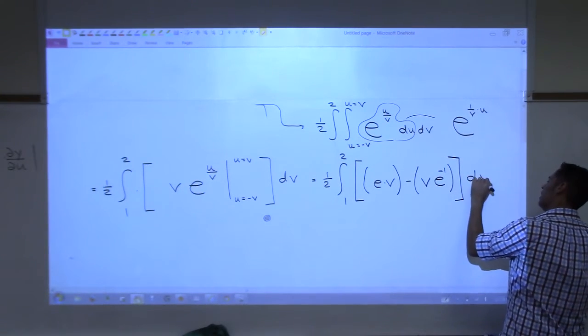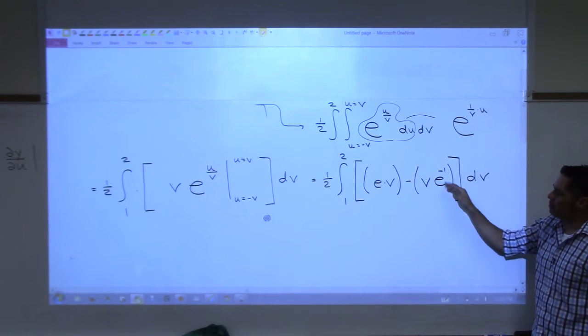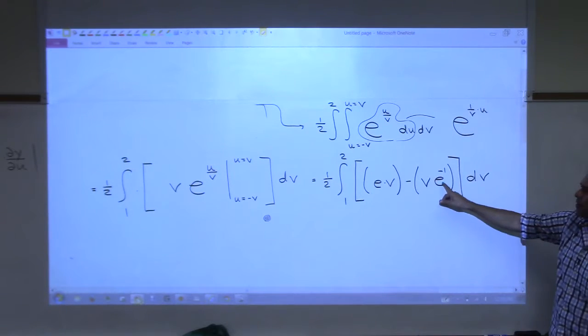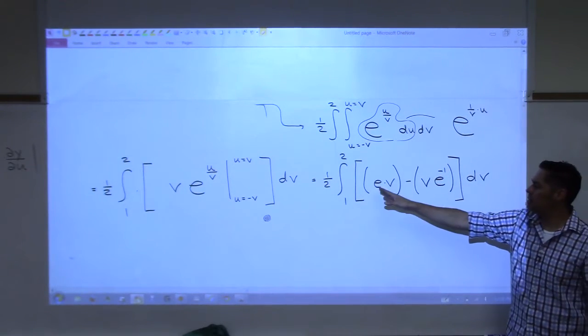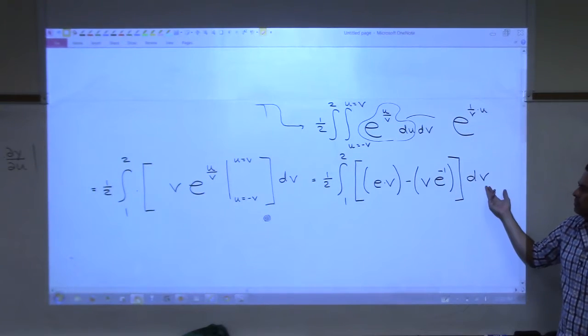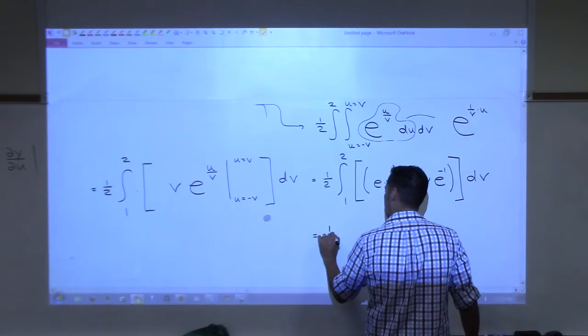And then dv. You can't factor, this e is in the denominator really. But I'm not too worried about integrating because e is a number, and e to the negative 1 is a number. I just have v, so I can integrate that with respect to v. So if I integrate this now with respect to v, I have 1/2.